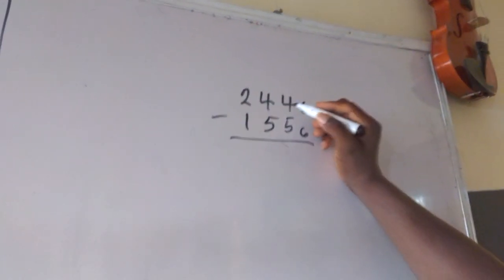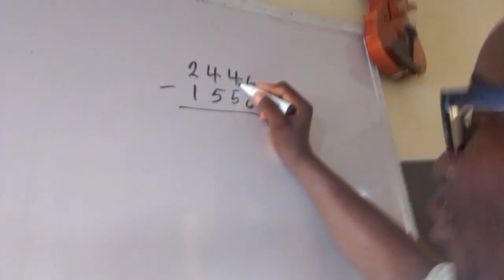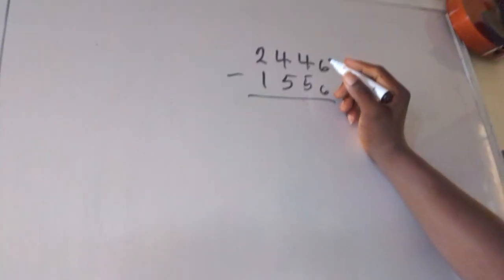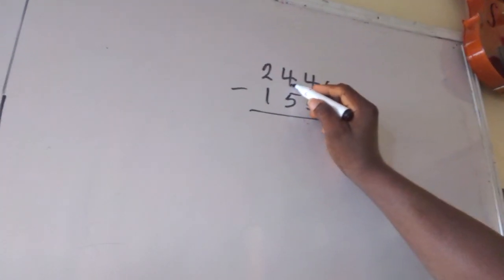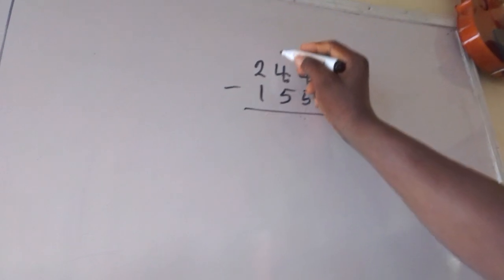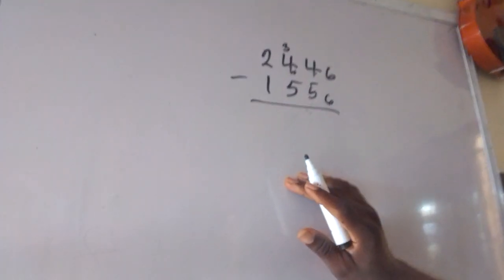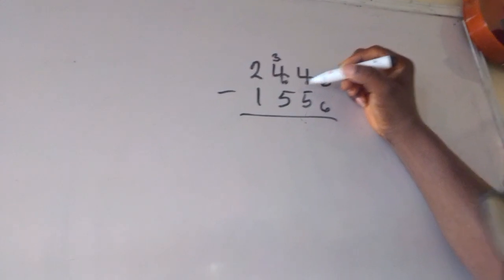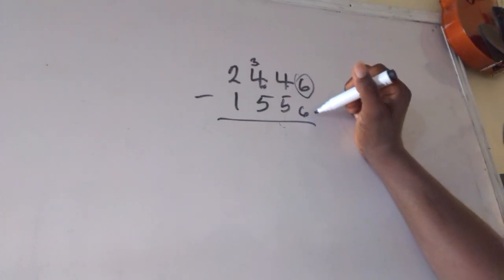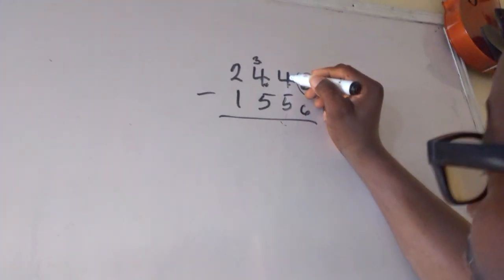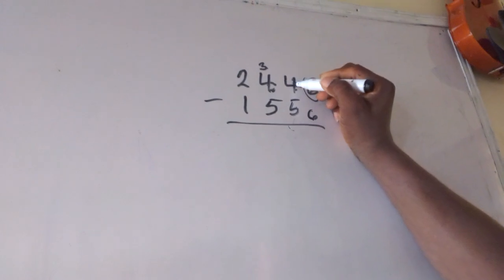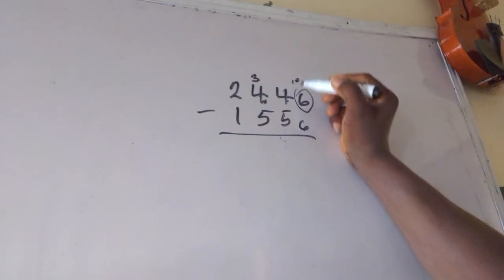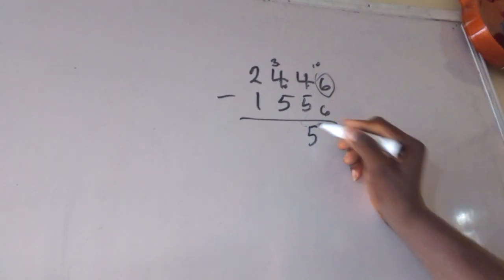Can we take 5 away from 4? The answer is no. We can't do that. So I borrow 1 from here. The 1 I borrow here, change this one to 3. Are you with me? So if this one becomes 3, that one I borrow is actually 6. So that 6, I'll add it to this 4 here. That makes 6 plus 4 gives me 10. So 10 minus 5 gives me 5.